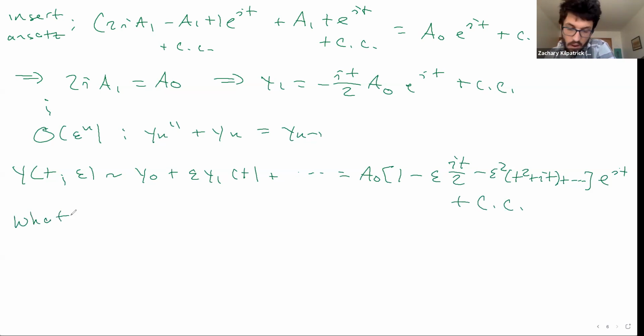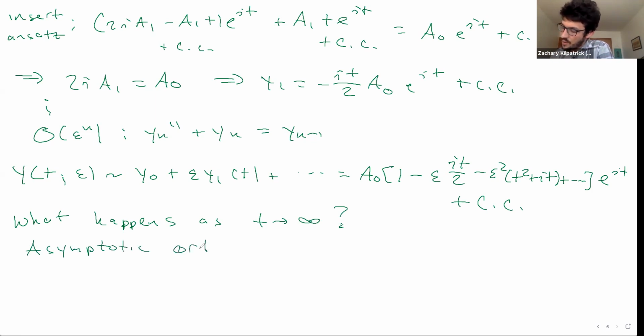Now, our ODE, we wanted to define it on t goes to infinity. So what happens as t goes to infinity, right? We want to capture the whole domain of t greater than 0. Well, the issue here, and that's really the point I'm trying to make, is that our asymptotic ordering is going to break down.